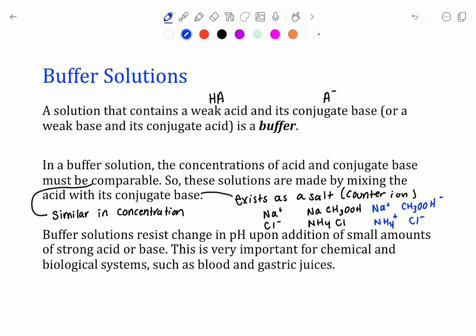And that's also the basis of why you take antacids when you have gastric reflux or heartburn. It's because you want to try to get your buffer solutions back into equilibrium, using a base to kind of neutralize your acid. So buffer solutions are very important for all things. We see buffers all the time.